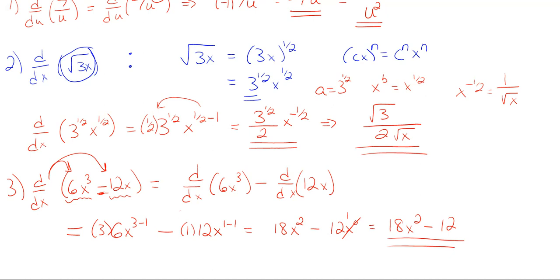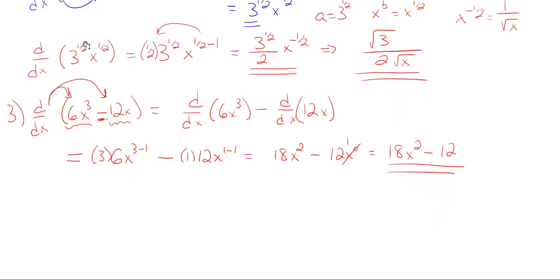Anytime that you're taking a derivative of an expression, and it is just a constant times x, and x has no power to it, that derivative is always just going to be the constant that is attached to that x.